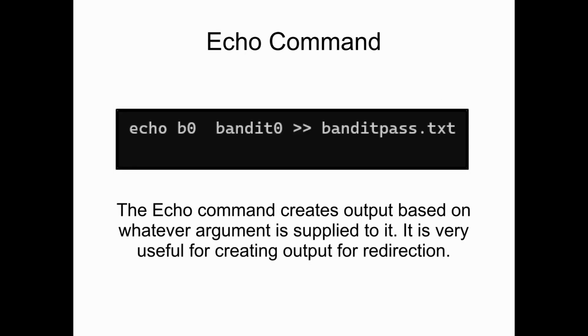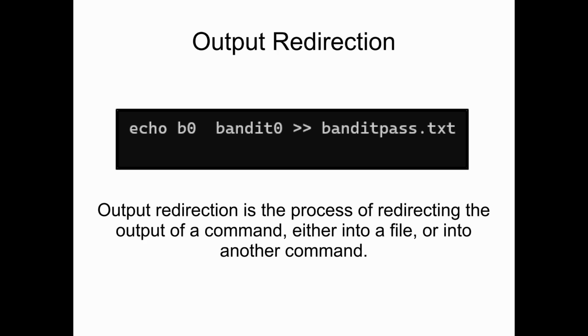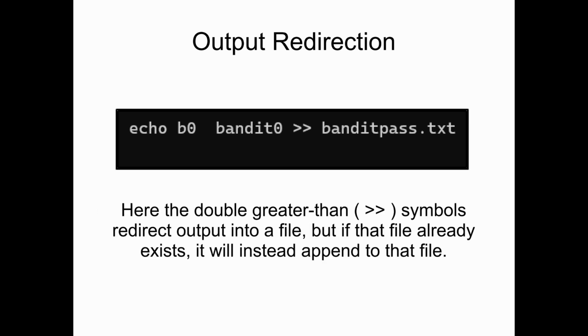The echo command creates output based on whatever argument is supplied to it. It is very useful for creating output for redirection. Output redirection is the process of redirecting the output of a command, either into a file or into another command. Here, the double greater than symbols redirect output into a file, but if that file already exists, it will instead append to that file.